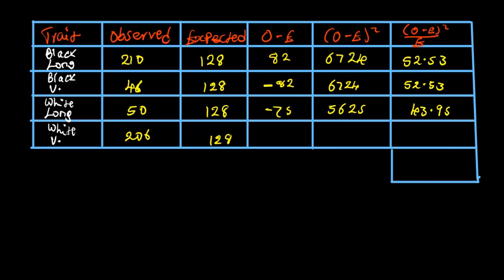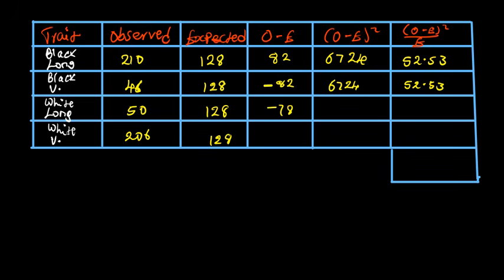Let me repeat this. 50 minus 128. So we are getting 78. Yeah, it's 78. So we have 50 minus 128. I'm getting negative 78, not what I wrote earlier.